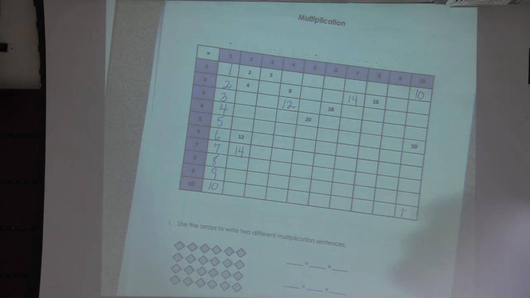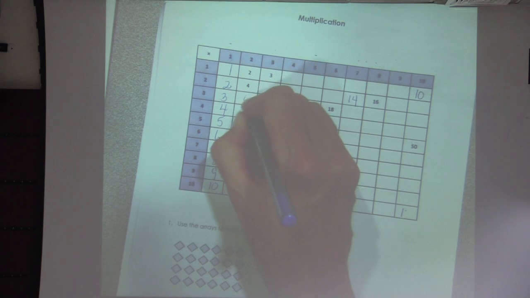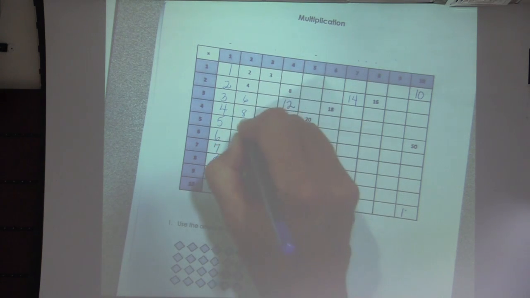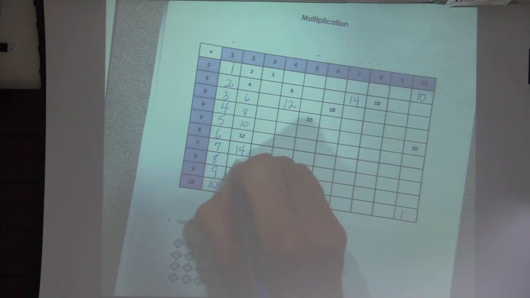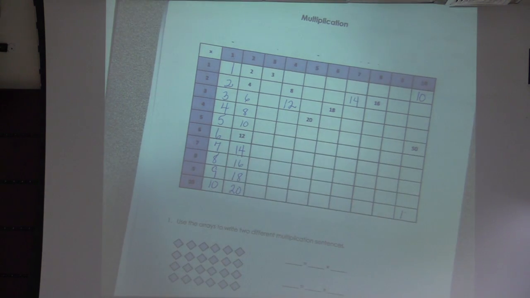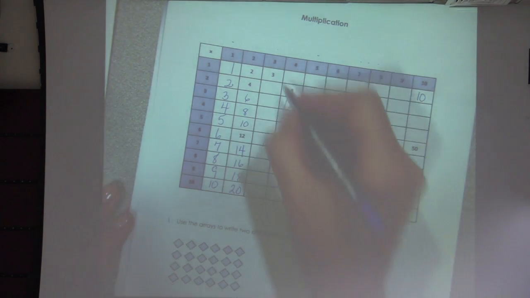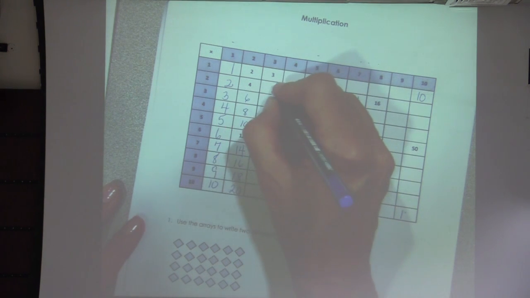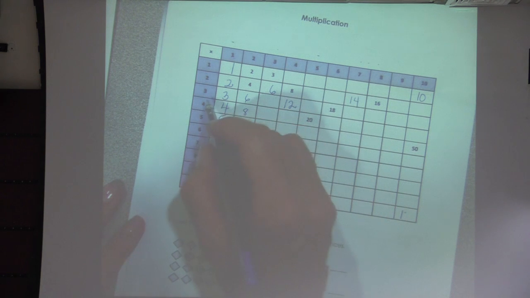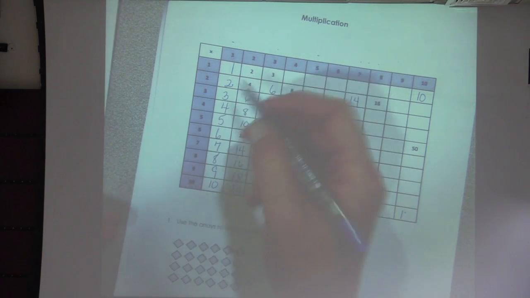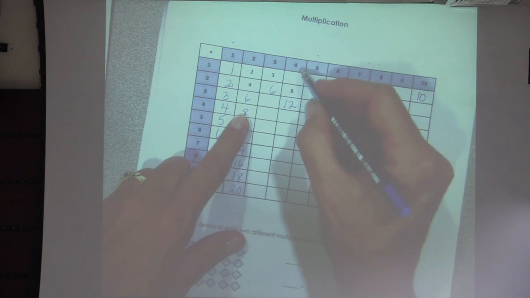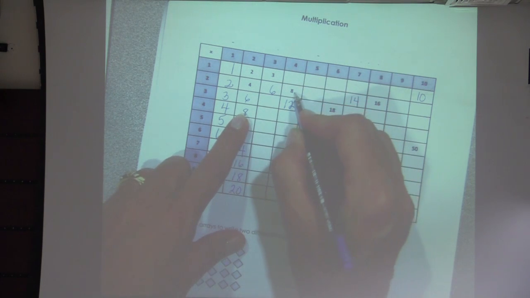So I'm going to do it down. 2 times 3 is 6. So I now know, if I know 2 times 3, I know 3 times 2 is 6. If I know 2 times 4, I know 4 times 2, which is filled in for us.